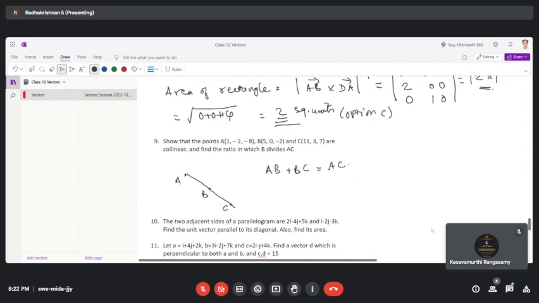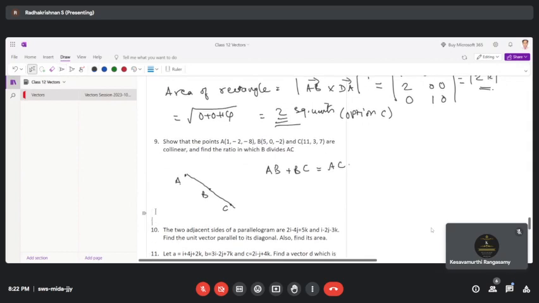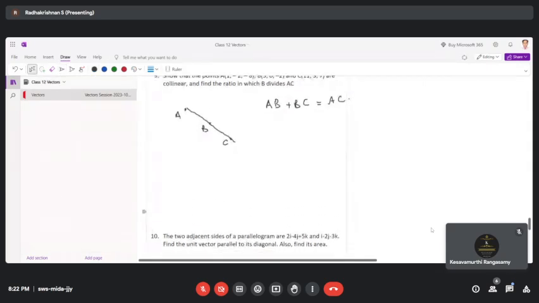So in this case, we have to take the magnitudes. So you evaluate the vectors, find out the magnitude of each of these vectors and check that AB plus BC adds up to AC, or it could be the other way.